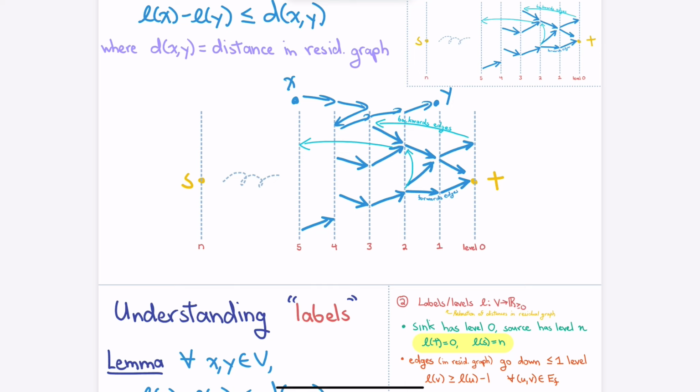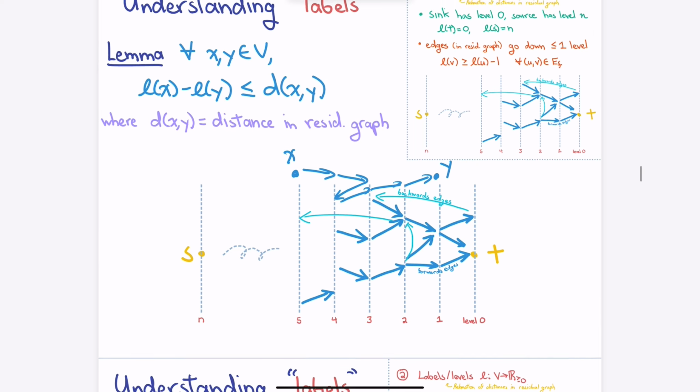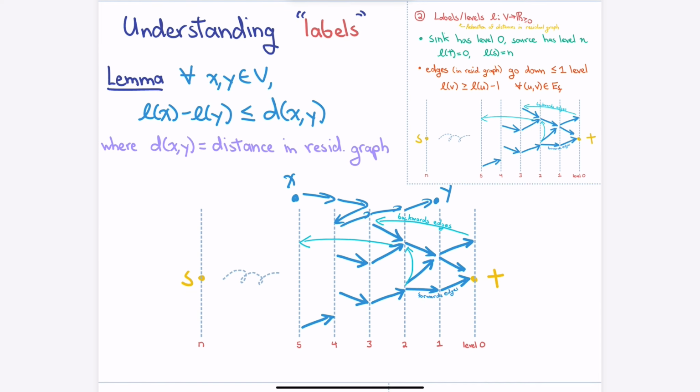But here, since in this example y is at level 1 and x is at level 5, I know that you need at least 4 edges to get from x to y. Could be more because you could zigzag, but you need at least 4 edges because each edge can only get you forward one level. So this is nice, right? These mysterious labels are to some extent keeping track of some distances from x to y.